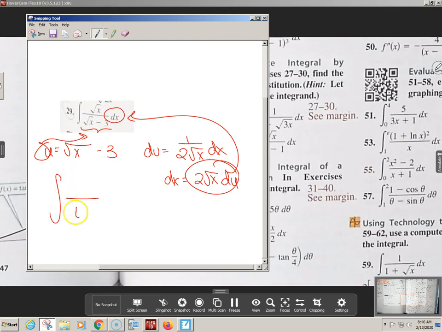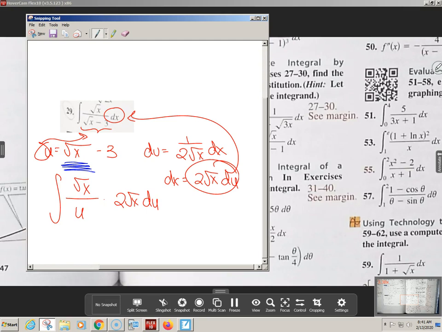So then I have my 1 over u, then I have my 2 root x du, and I have a root x. Now I'm going to purposely go up, take time, even though my smartboard is super annoying, to go get a blue pen and double underline this. Why? I can't proceed forward until I have an entire integral in terms of u.